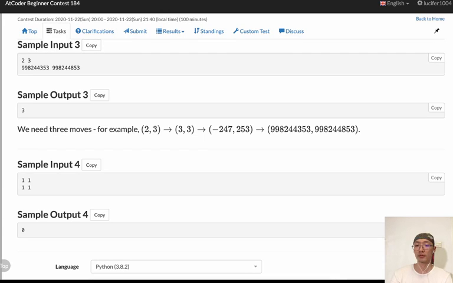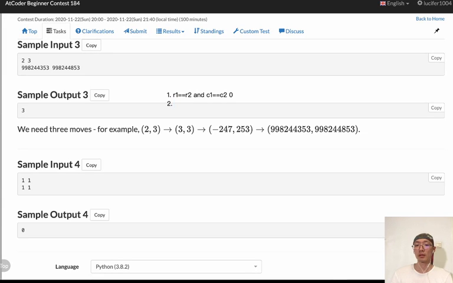It means they are the same point. So this is the first case. The answer will be 0.